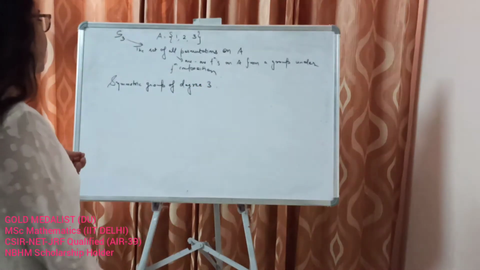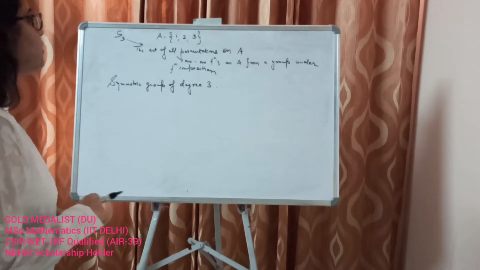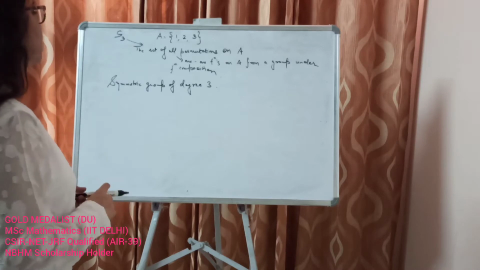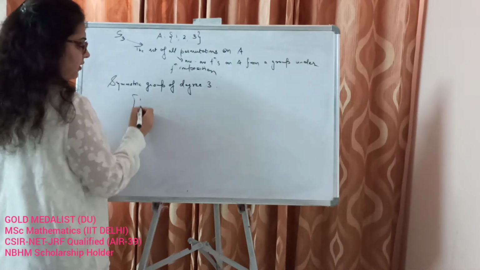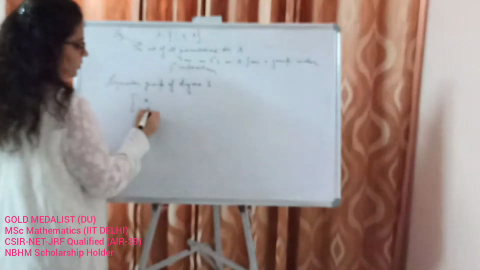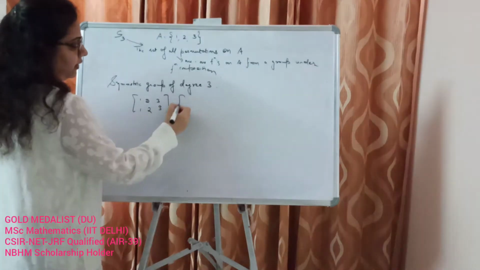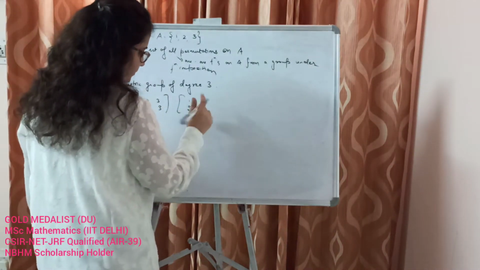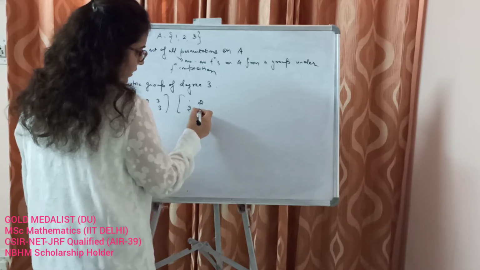And I leave it up to you to find out the elements of S3. There would be a total of 6 elements in S3, and let me write one. The first one is very basic: identity has to be there. Let me write down the other one. 2 goes to 3.